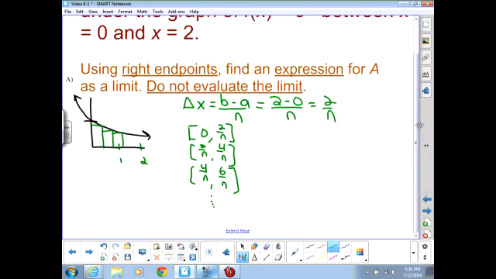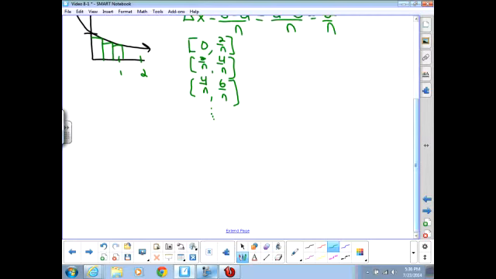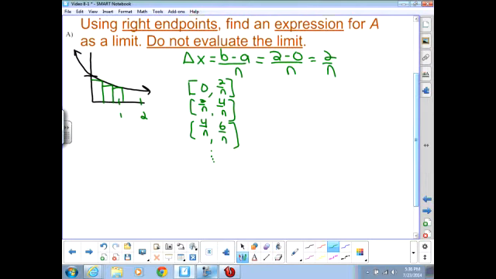Now, we need a notation for some random one of those. The 0 is our x0. x1 is equal to 2 over n. x2 is equal to another 2 over n, so we're going to write it as 2 times 2 over n.